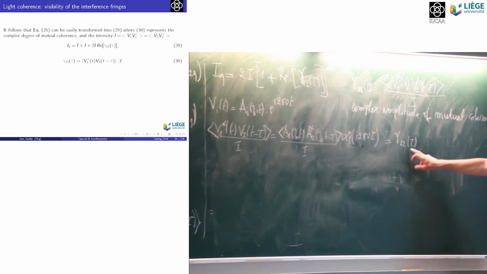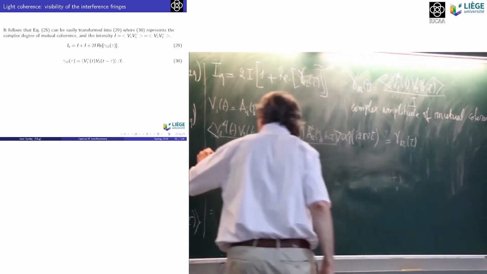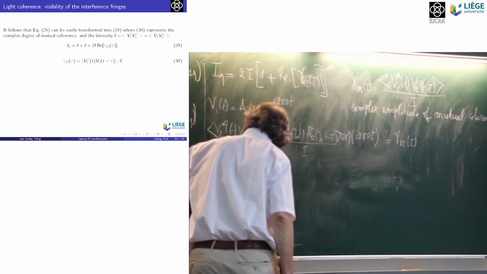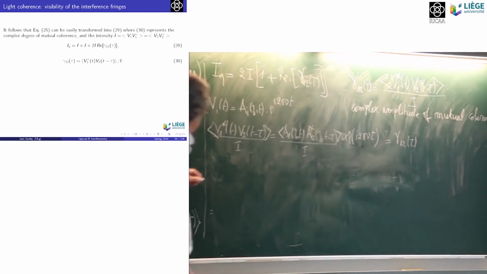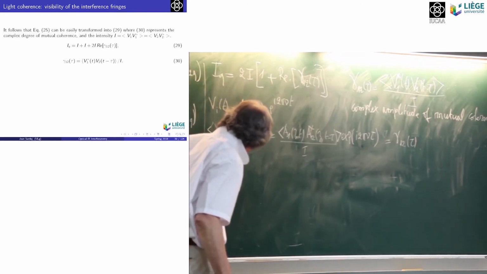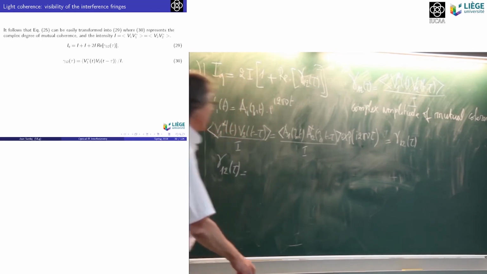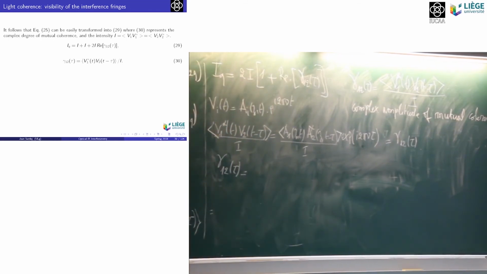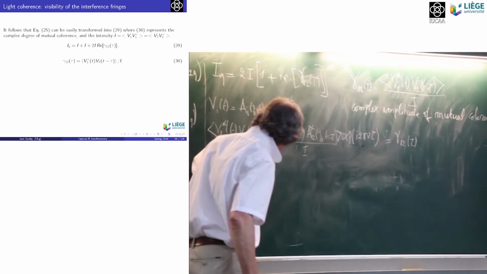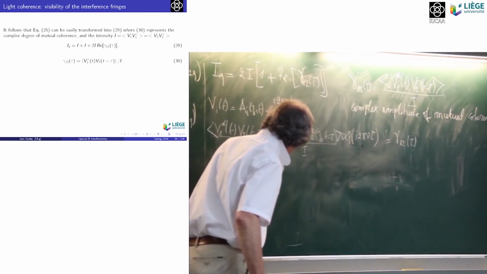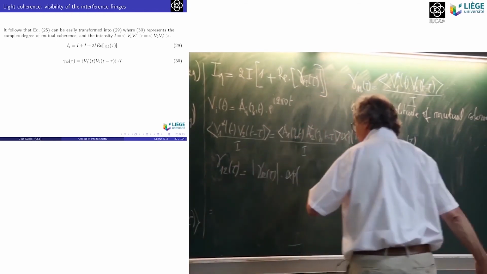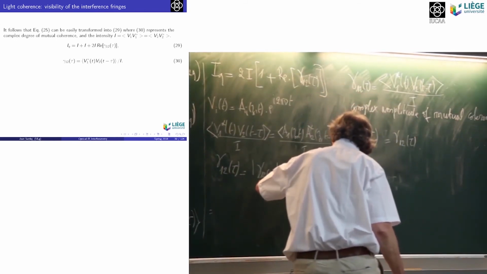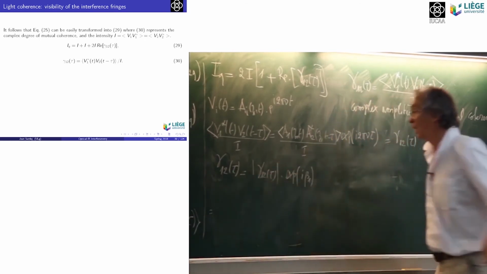Now, if I would take the module of this expression, the module of gamma 1, 2, what I could still do is say that another way to account for that expression would be to write that the complex degree of mutual coherence is equal to its module, gamma 1, 2 of tau, multiplied by something to make this quantity complex. So e to the i beta 1, 2. Do you agree with that?